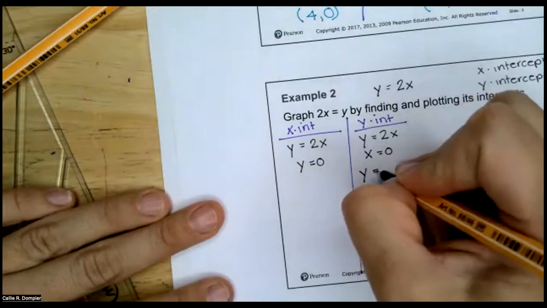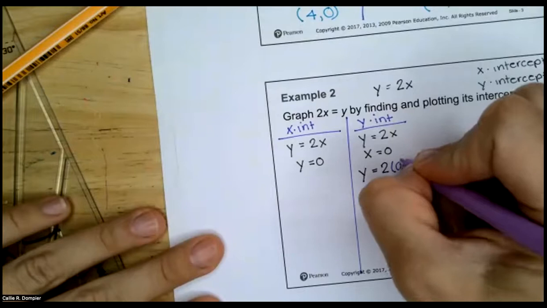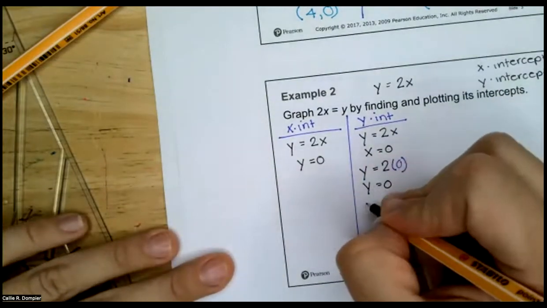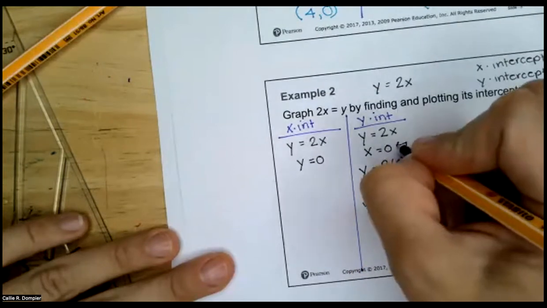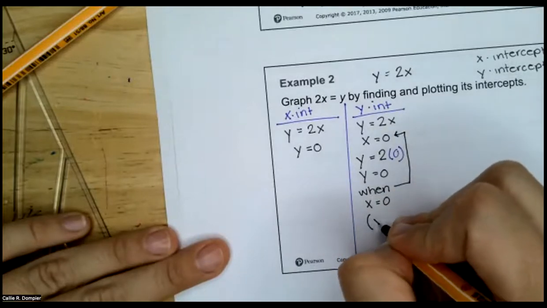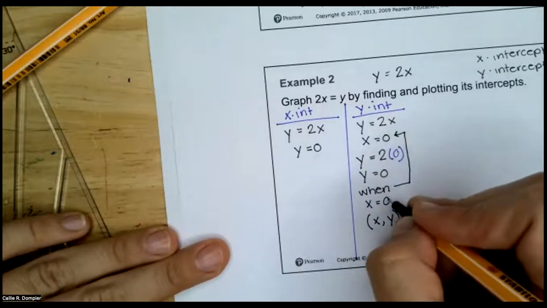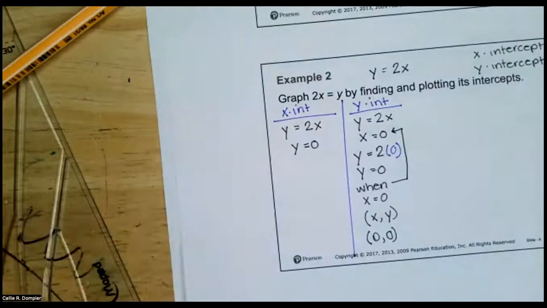So y equals 2 times 0. Y equals 0 when x is 0. So my coordinate point for x is 0, y is 0 is just 0, 0.